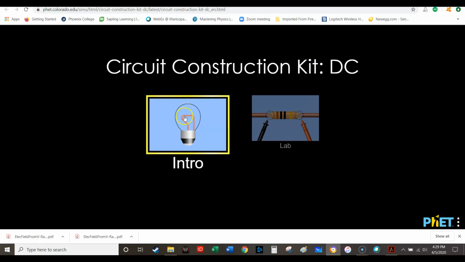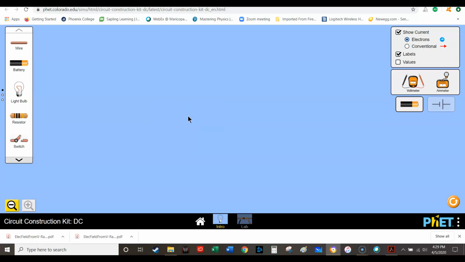I'm going to click on Intro, and here we have the area in PhET for the simulation. I'm going to drag a battery out. Okay. And I'm going to grab a little resistor or a light bulb. And I'm going to grab some wires, and I'm going to start creating this circuit.